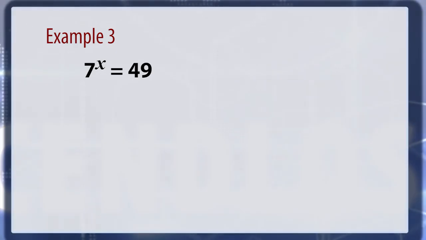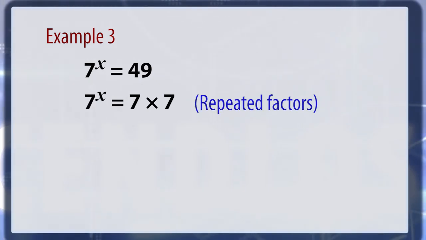Now the next example. We have 7 raised to the power x is equal to 49. Once again, our exponent is the variable. So let's try and write both bases to be equal. And I'm sure you know that 49 is 7 times 7.